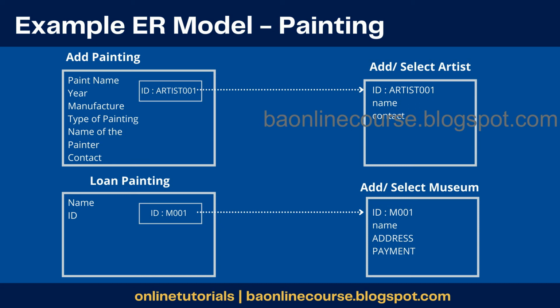So basically, which museum you are loaning it to. Again, for the museum to which you are loaning it, you would capture a lot of details, so you don't want to repeat that information again. So maybe it would lead to another screen wherein you would say add museum, add or select a museum.